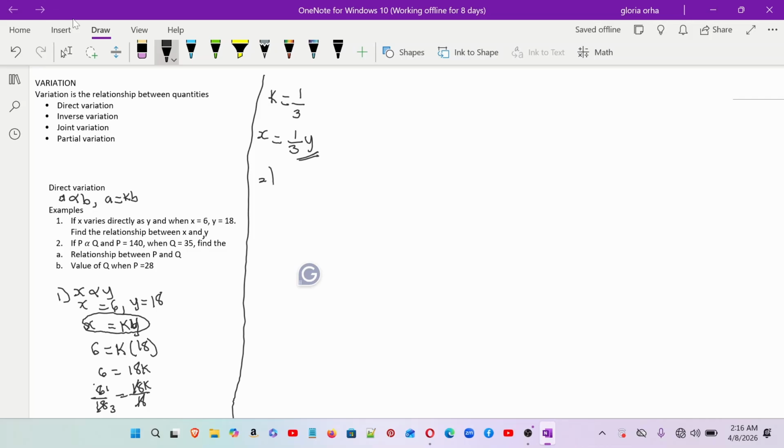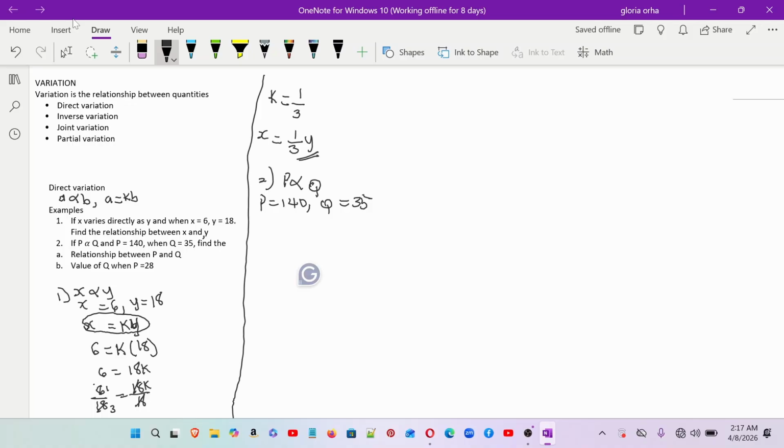Question 2. If P varies directly as Q, the value of P equal to 140 when Q is equal to 35. We have two questions under number 2.